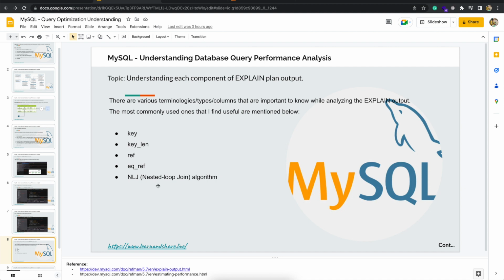So NLJ in the MySQL world, they say nested loop join algorithm. You know there are two types of algorithm here in NLJ. One is like brute force, where you simply iterate through each of the records and get the output. Second, it does the caching also, right?